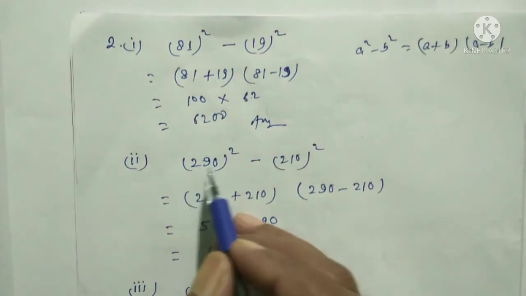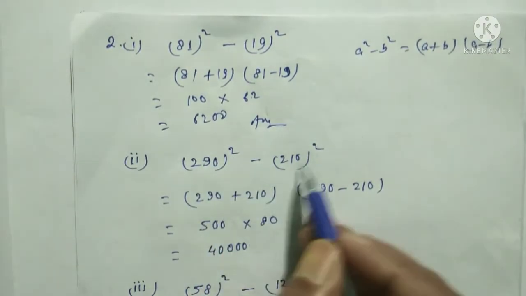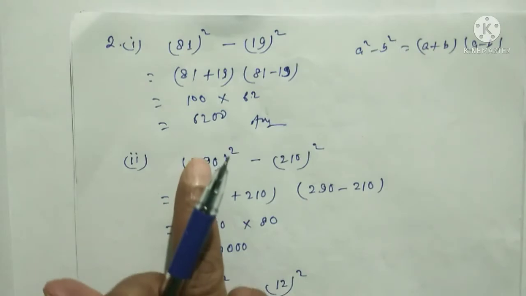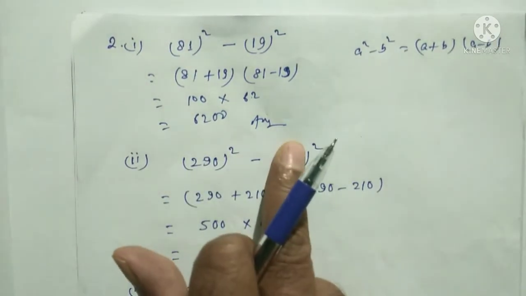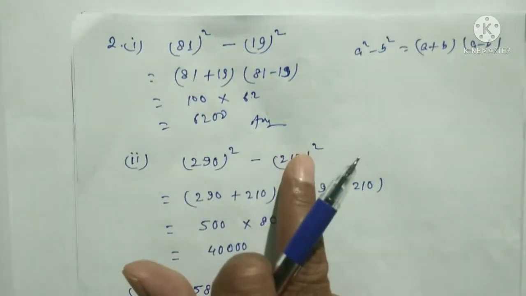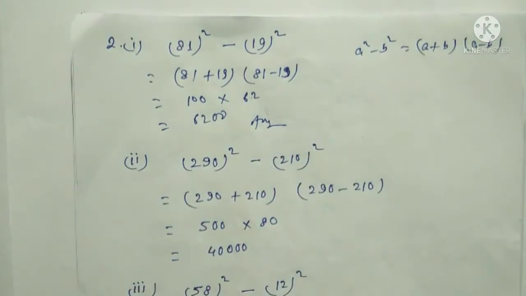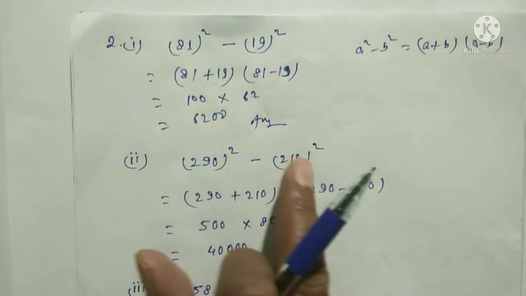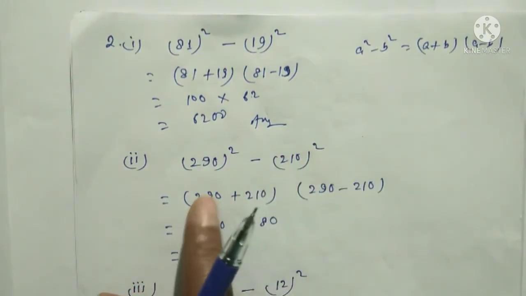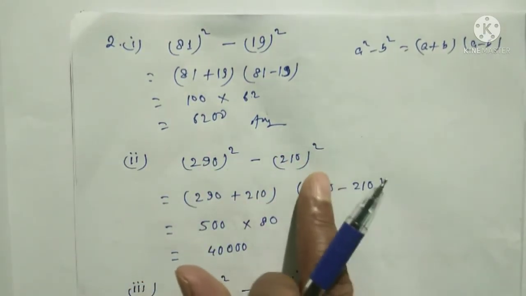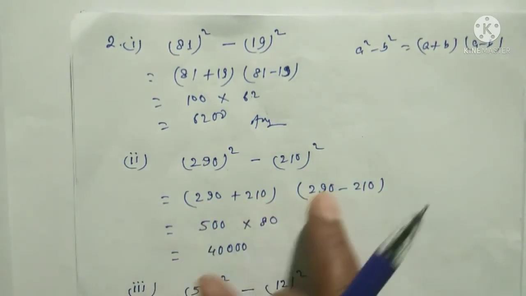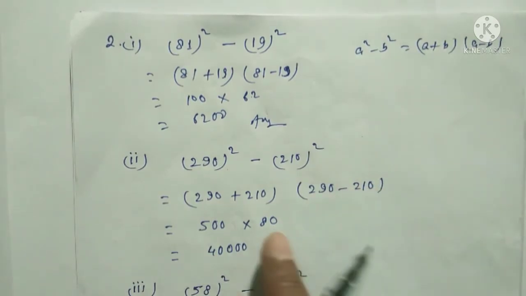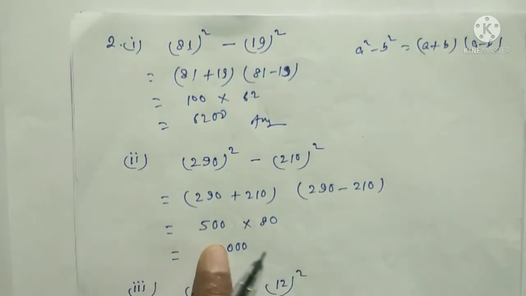Now 290 square minus 210 square. If you think of 290 as a and 210 as b, it will be a square minus b square, then a plus b into a minus b. 290 plus 210 is 500. 290 minus 210 is 80. 8 fives are 40 and three 0s.